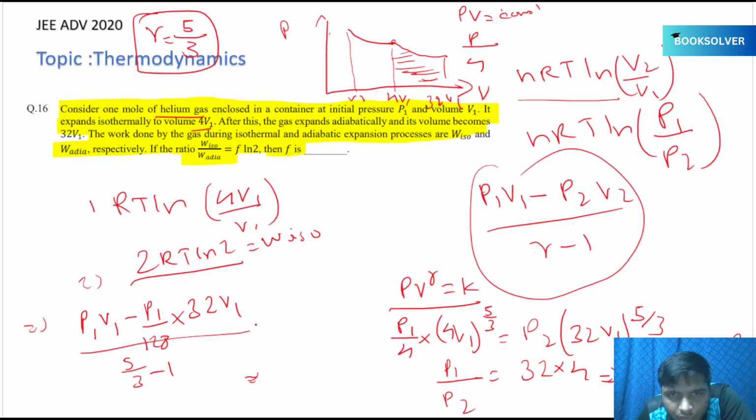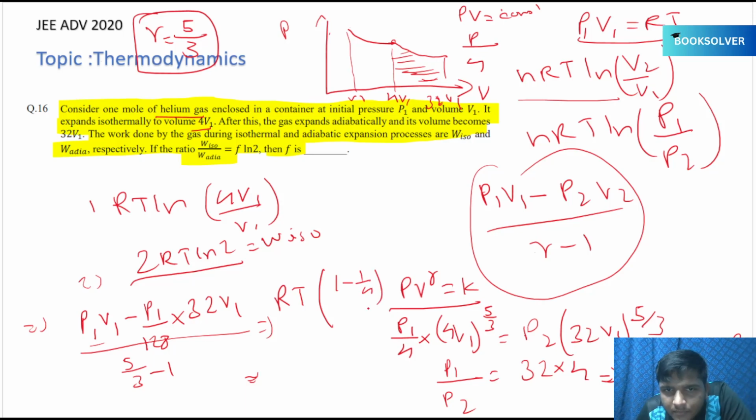Yeah, doing this, we can get P1 V1. We know that P1 V1 equals RT, because it's given 1 mole only. So writing P1 V1 as RT, we get RT times (1 minus 32 by 128, which is 1 minus 1 by 4), and 5 by 3 minus 1 is 2 by 3.